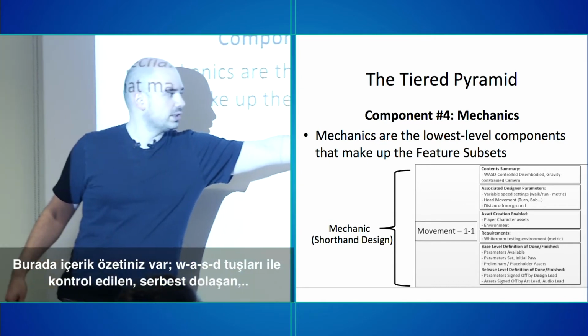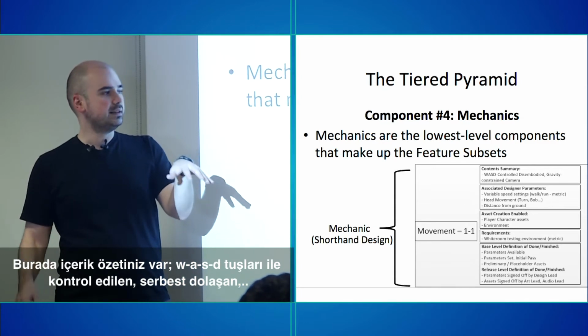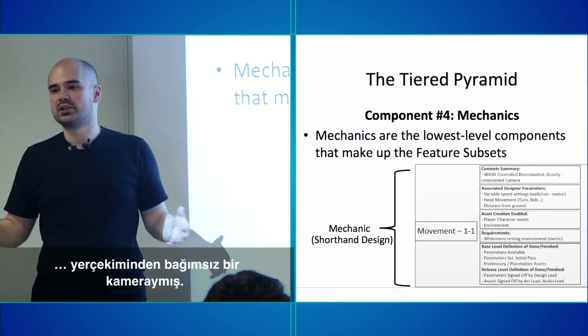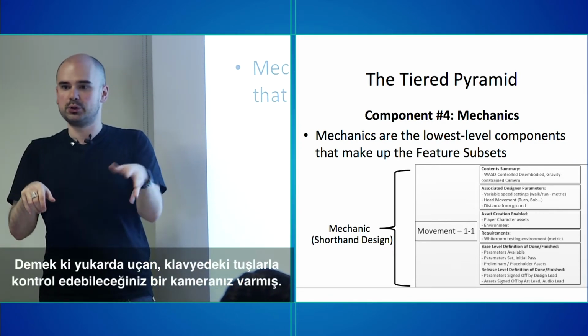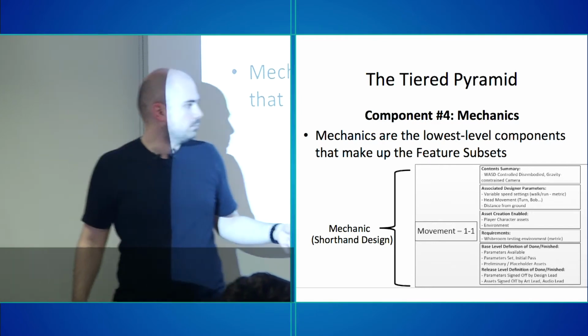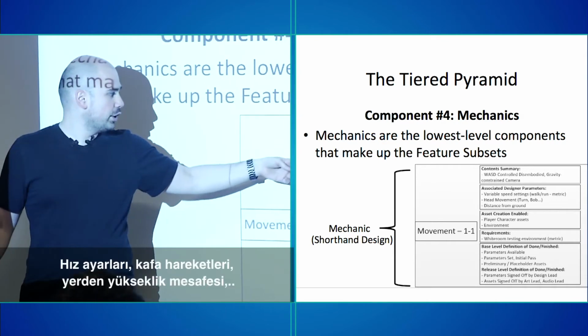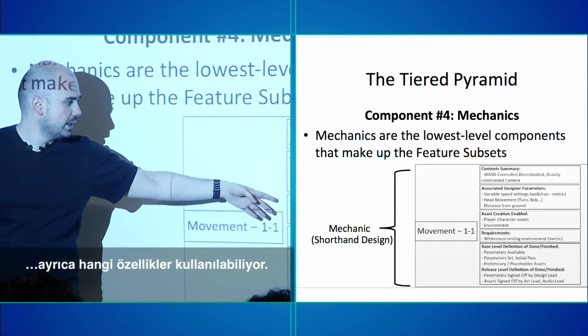You have your contents summary that says a WASD controlled, disembodied, which means free-flying, gravity-constrained camera. So it's a camera that is floating off the ground that you can actually control with your WASD keys, right? Ideally the mouse as well. You've got your speed settings, your head movement, your distance from the ground.